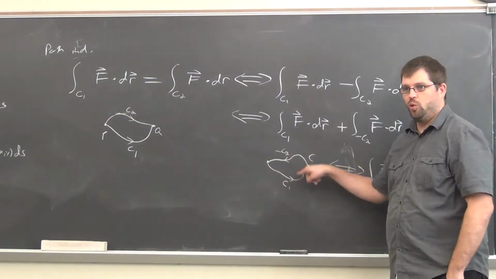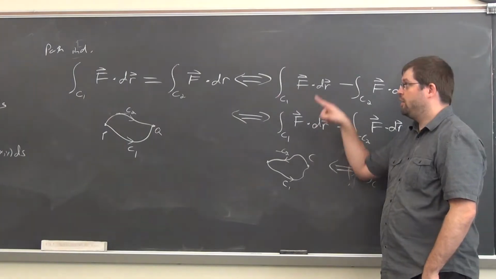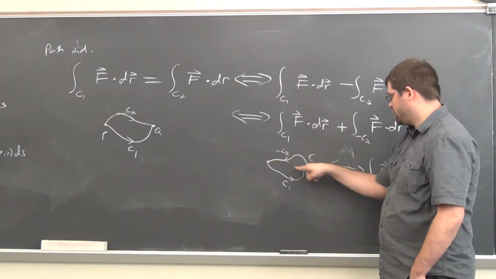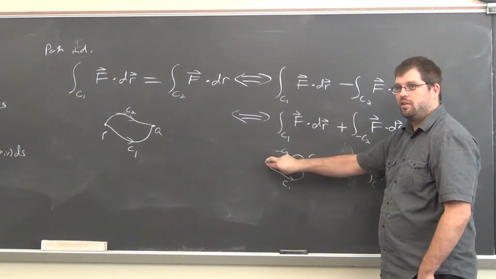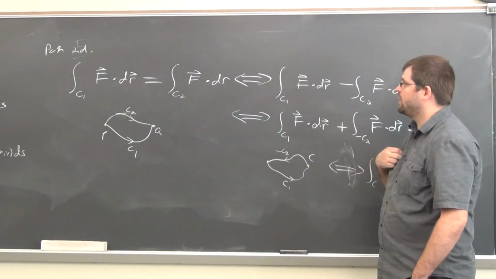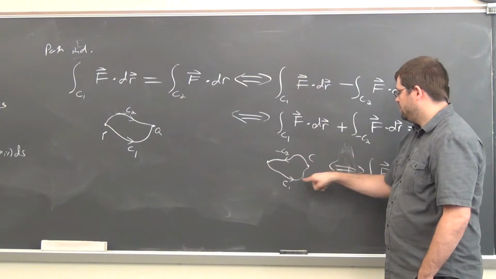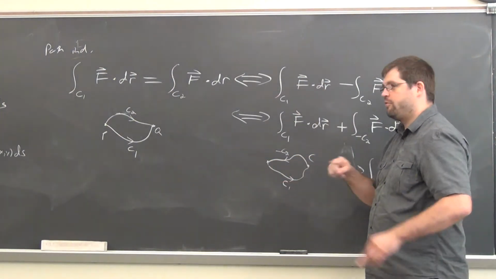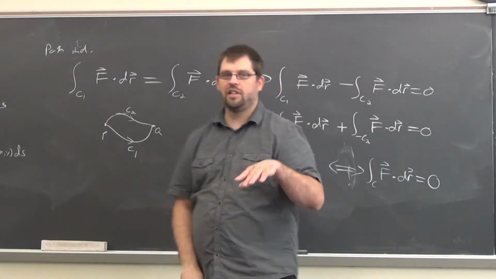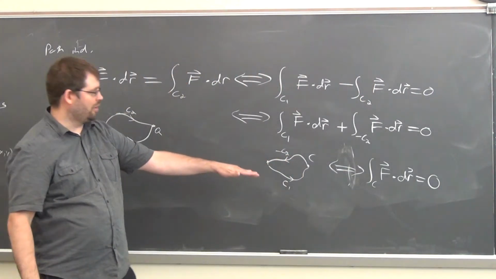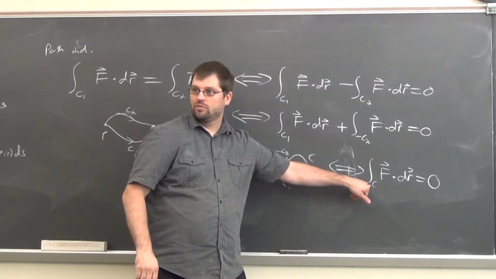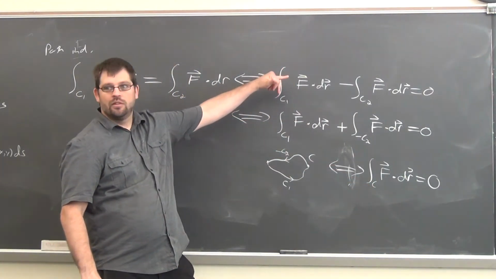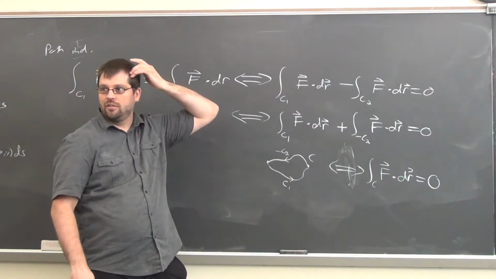If you have a loop and the vector field was path independent, you really could just start at 0 and end at 0. If you know that every loop gives you 0, then you can prove you're path independent. So if every closed curve gives you 0, then you just work your way back up to end up with path independence. Does that make sense?